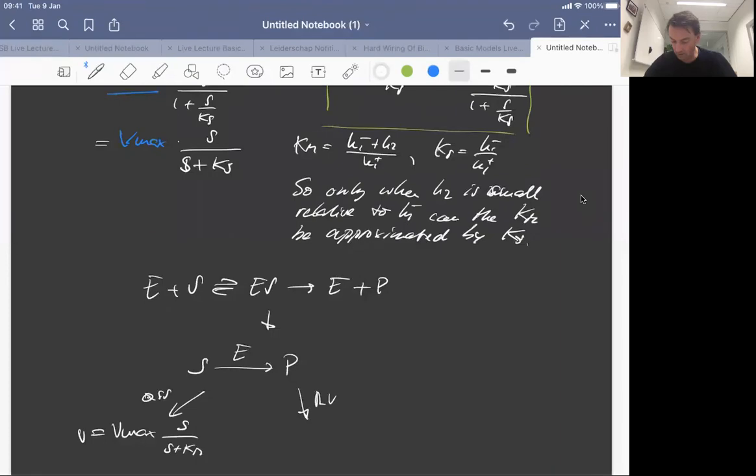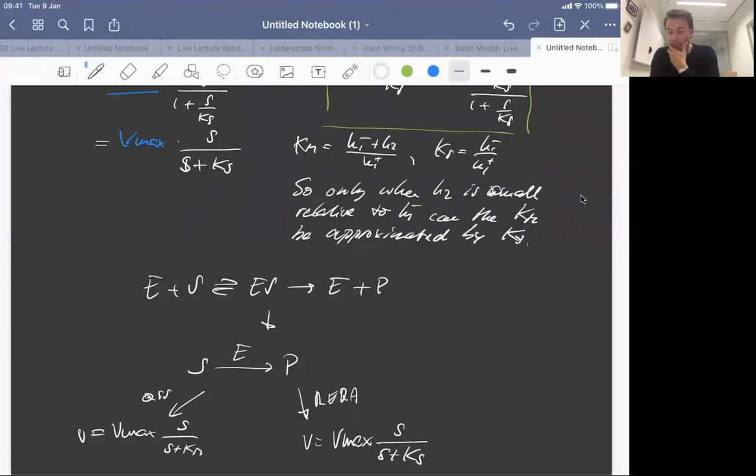But if we do the rapid equilibrium approximation, then we arrive at an equation that's mathematically identical, but Ks and Km have different meanings.